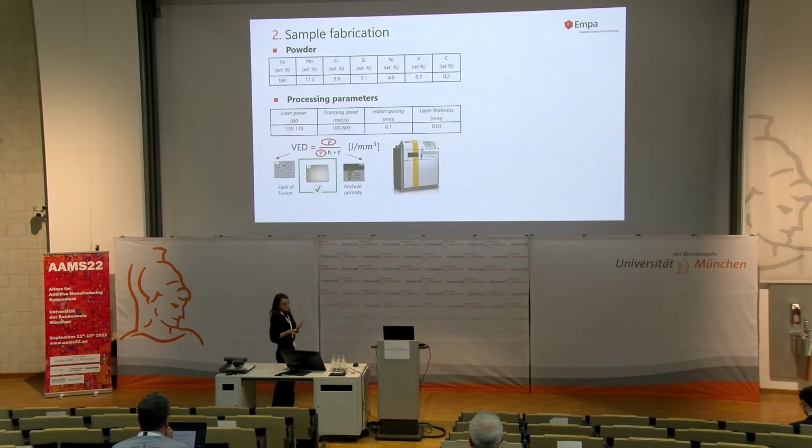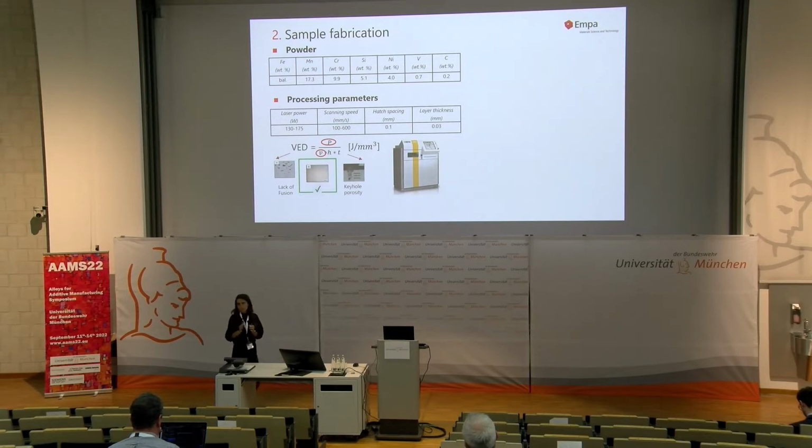So how do we start? We always start with a standard parametric study. We start from the powders, the composition is up there, and we do a design of experiment where we produce very simple cubes with different processing parameters. The idea is always the same: find a parameter window, a range of volumetric energy density, that gives us dense parts, without cracks and without pores.